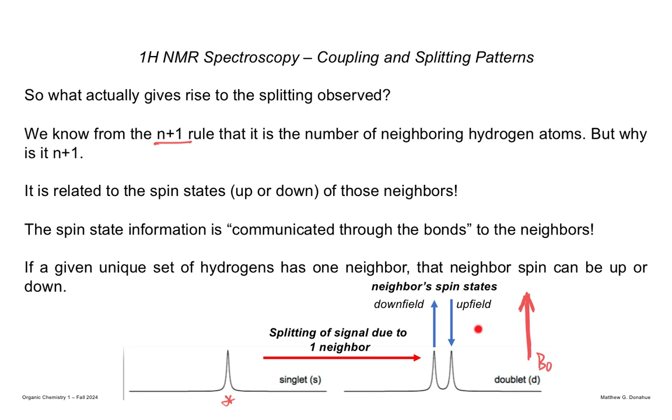And what that is doing is taking that single peak and it splits it into two, because each of these are considered like a little magnetic field that's either going to add or subtract to the signal you're seeing. So one of the spin states pulls it this way, the other pulls it that way, and that's why it looks like a doublet instead of a singlet.